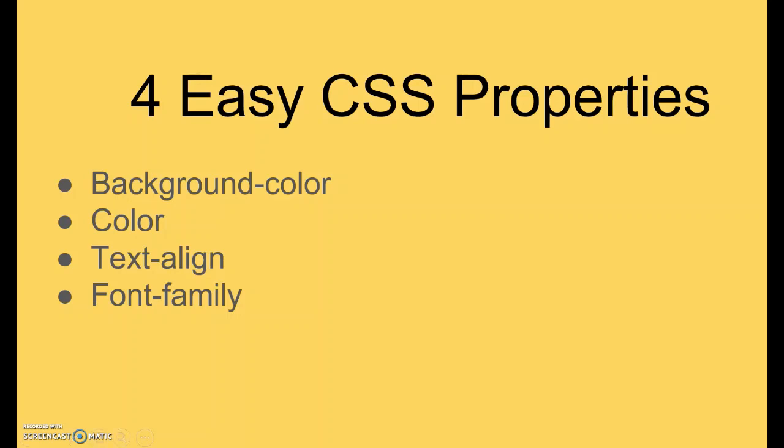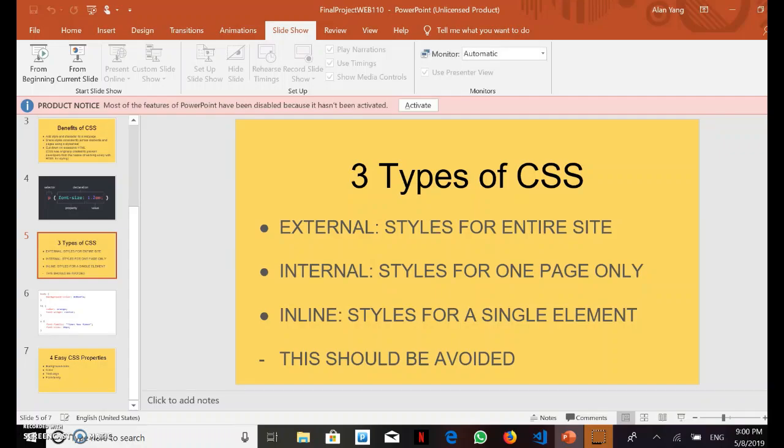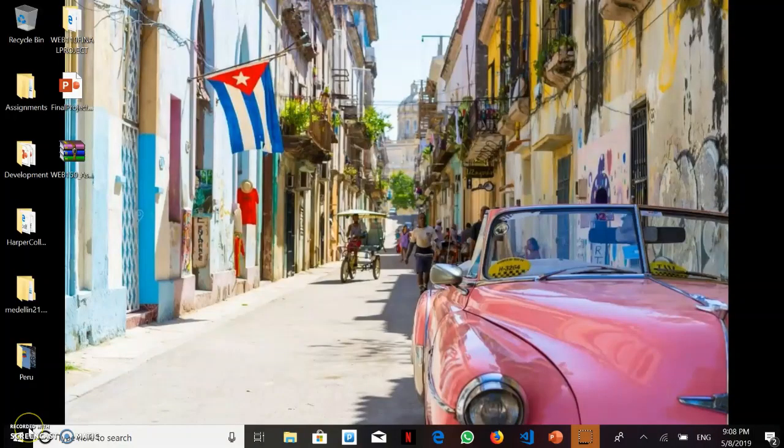Okay, so with that said, the next thing I'm going to do is go into my style sheet, and I'm going to show you how everything works together. As you can see here, I have a folder that says WEB110 Final Project. So I'm going to go ahead and click on this.